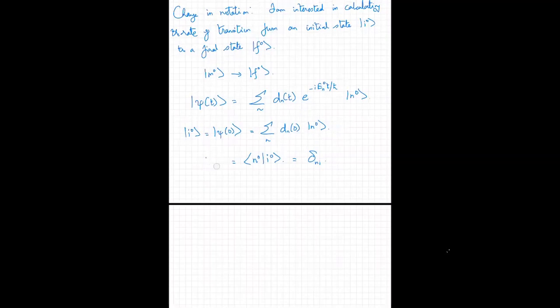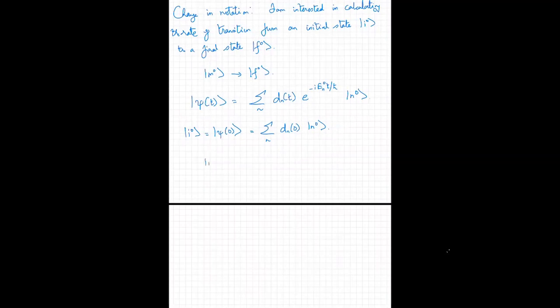So remember how you calculate the coefficients in general. I0 and n0 are eigenkets of the original Hamiltonian H0, the eigenkets of the unperturbed Hamiltonian. So if I want to get the coefficient, I simply take the overlap.